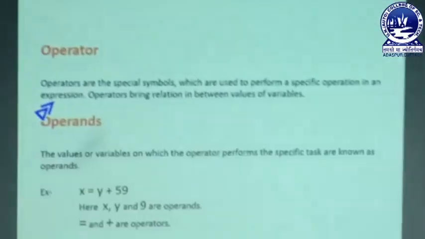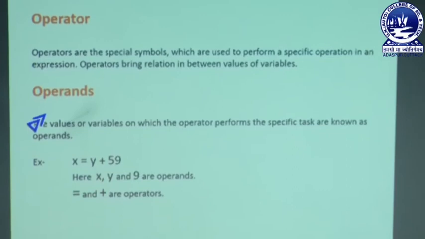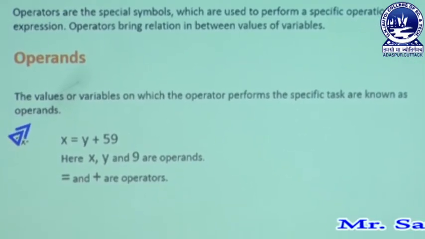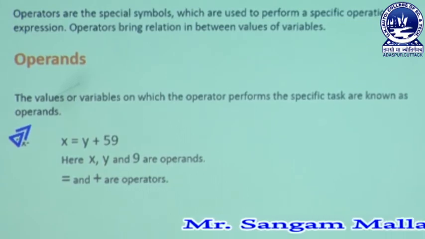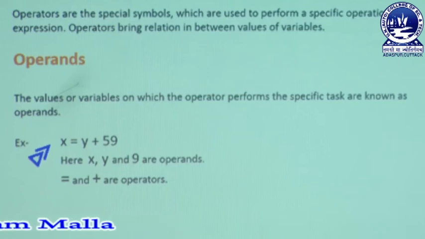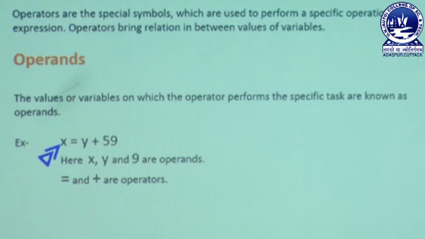Next you can see what are operands. The values or variables on which the operator performs the specific task are called operands. Suppose, for example, the expression is written x equal to y plus 59. You can clearly see there are two symbols, that is equal to and plus. So equal to and plus will be considered as your operators because they are special symbols, but if you remove all the operators, then the rest are operands.